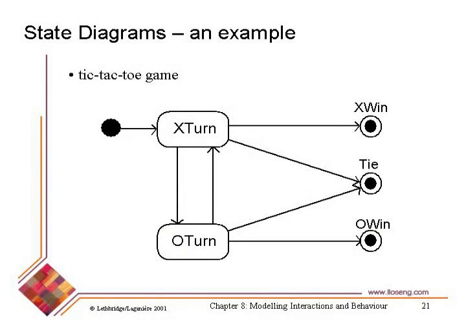So we have an arrow pointing from the black circle to the X-turn state. That means that at the beginning of tic-tac-toe, noughts and crosses, it's X's turn to play. And so the game is in that state. It's not O's turn to play, it is X's turn to play.